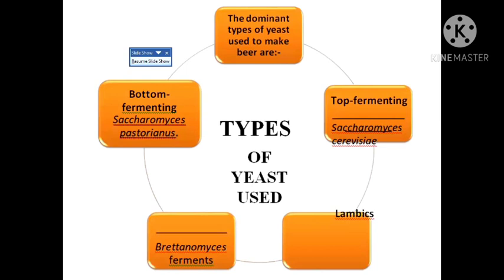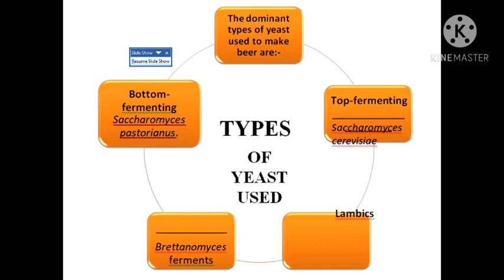As you can see in this picture, the top fermented yeast is Saccharomyces cerevisiae, and the bottom fermented yeast is Saccharomyces pastorianus, also called Saccharomyces carlsbergiensis, another scientific name of the bottom fermented yeast.